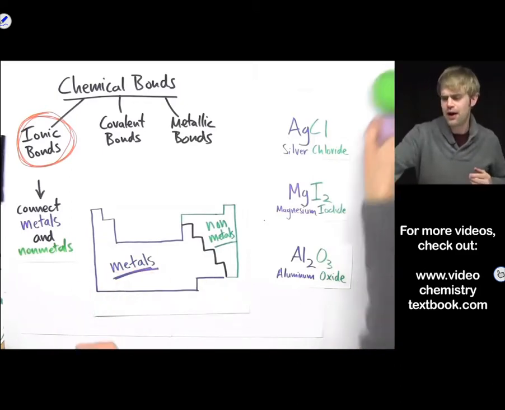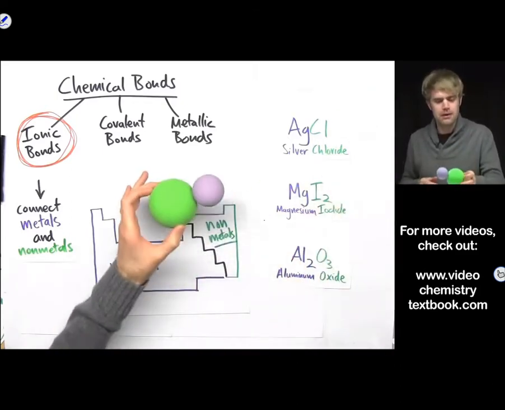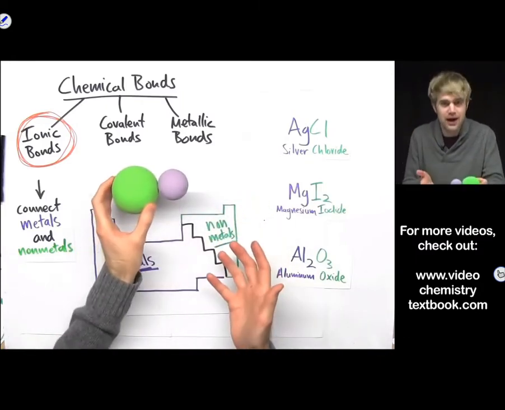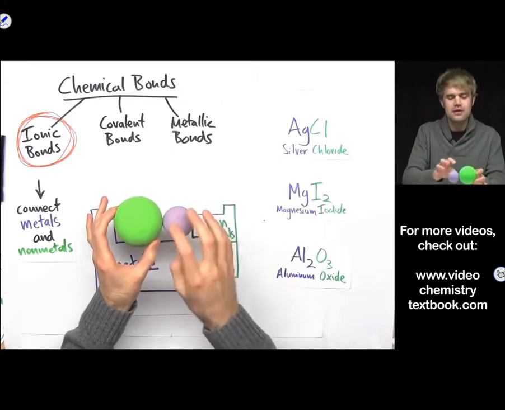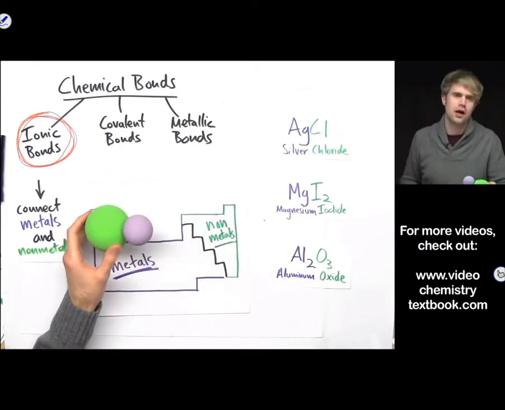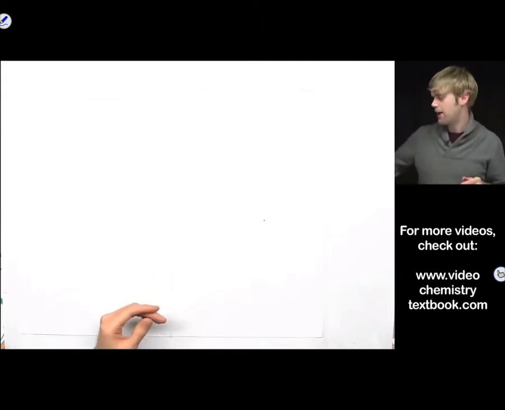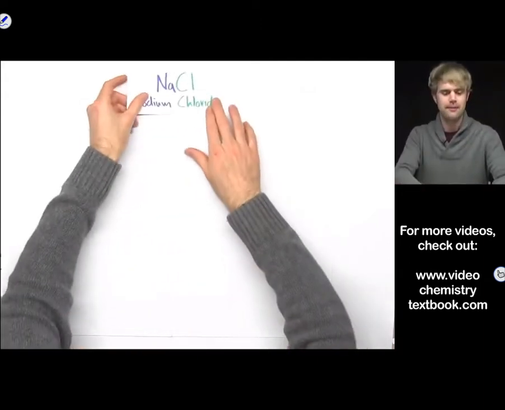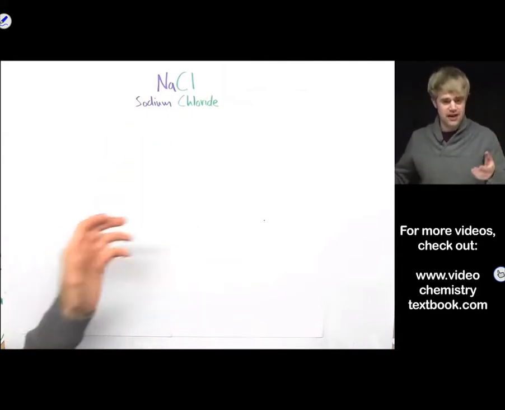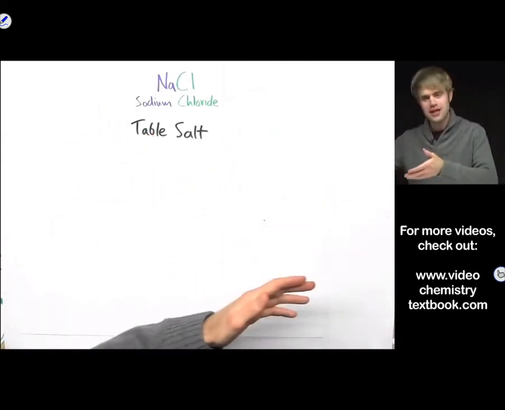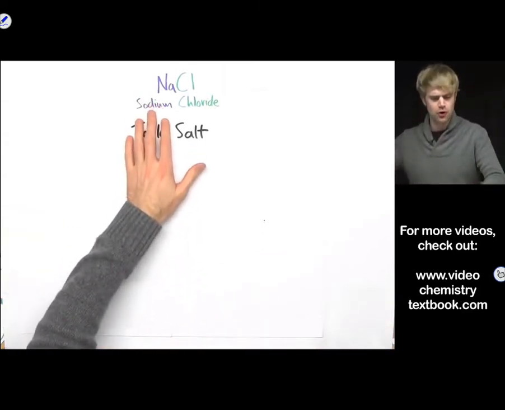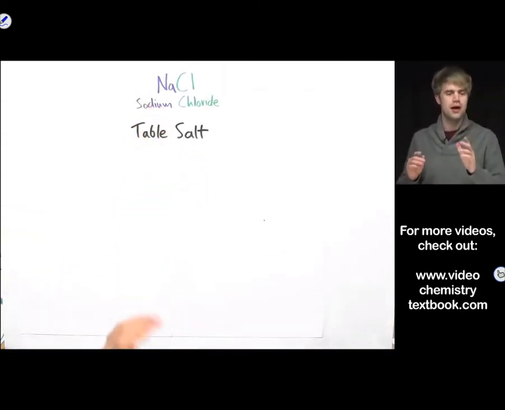Okay, so now we're going to talk a little bit more about the how and why that's going on with the bonding here, right? How do these atoms actually connect together? What's holding them? That's what we're going to talk about next. Okay, so to learn more about ionic bonds, we are going to focus on a chemical called sodium chloride. Sodium chloride is a fancy scientific name for table salt. It's the stuff that you put on your food. So sodium chloride is made of two types of atoms.